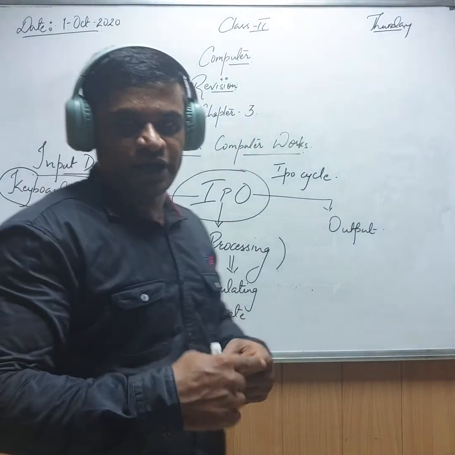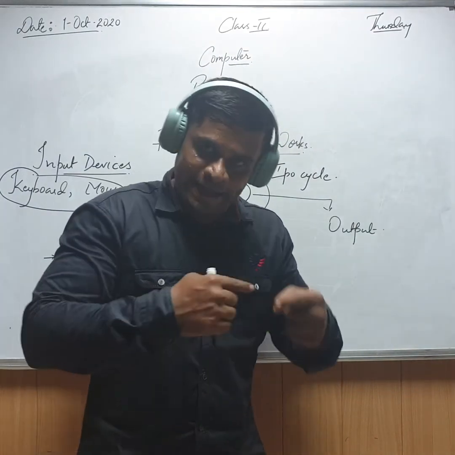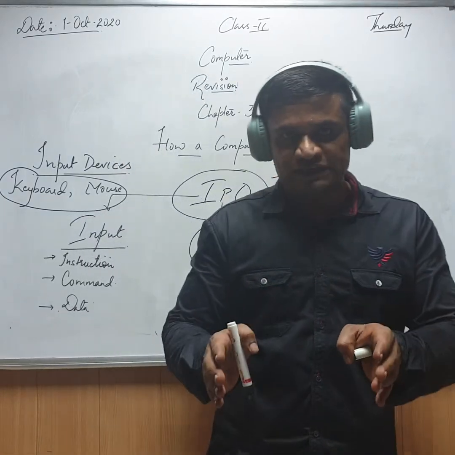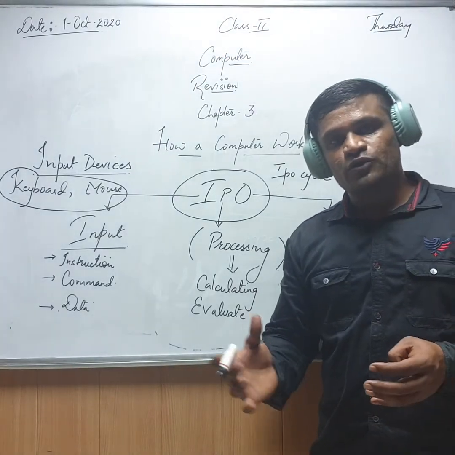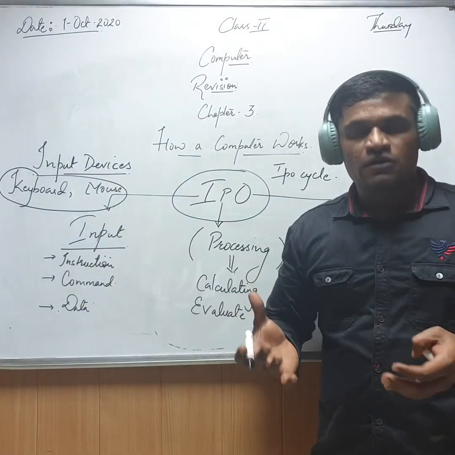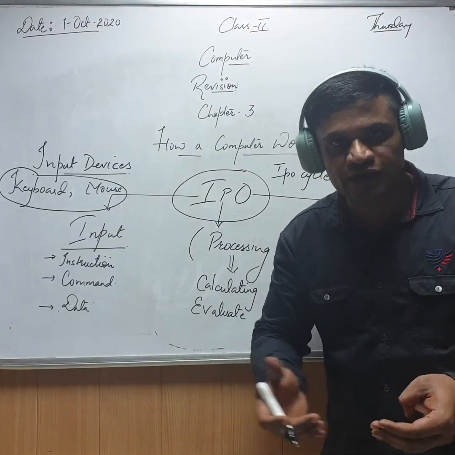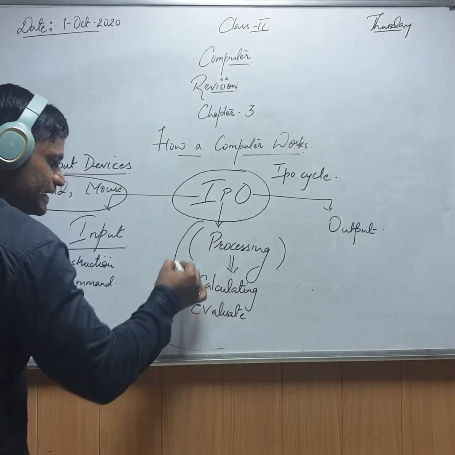It thinks upon it, takes some action on it, calculates it, evaluates it. The processing can be defined by using such terms. So the computer takes the data, does the calculation on it, thinks on it, evaluates it, and then the processing is completed.